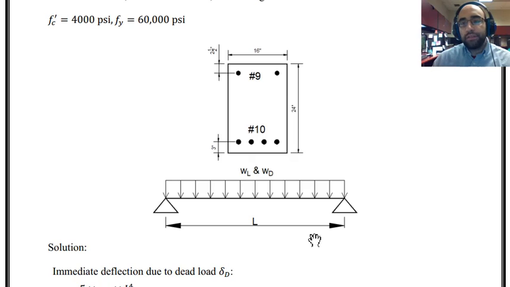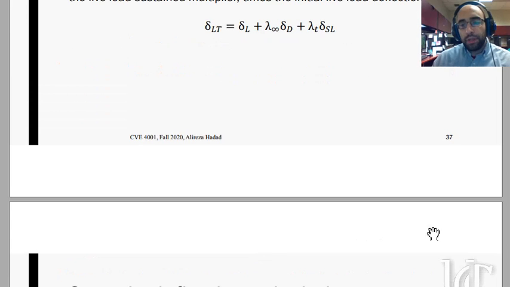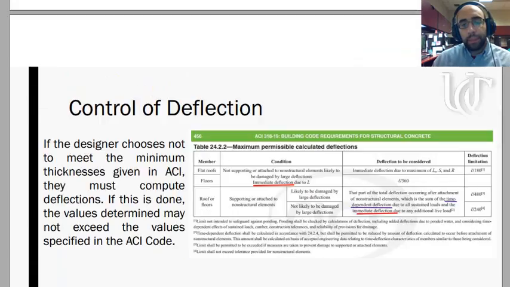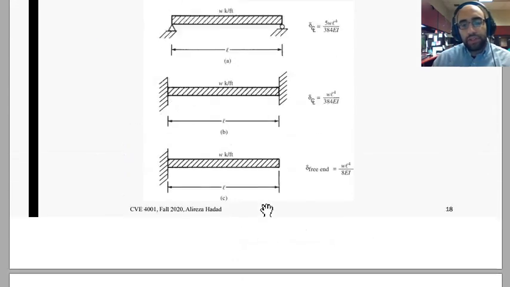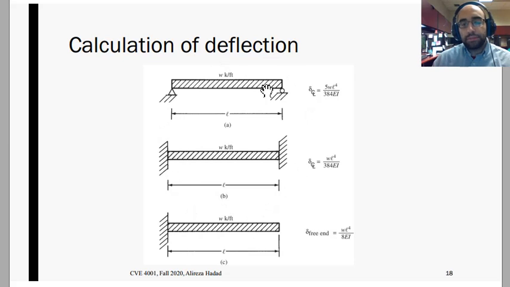First, we have to find the deflection because of dead load. We have a simply supported beam, and as you remember, based on the diagrams that I showed you in the previous sessions, we have these equations for famous forms of loading and beams.